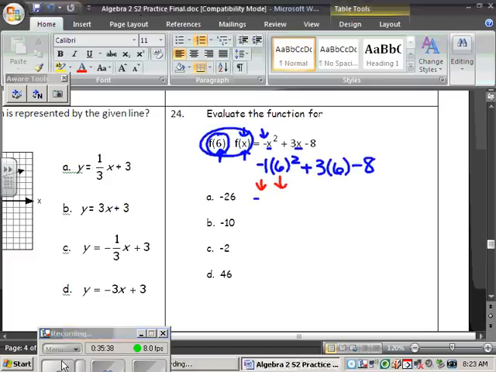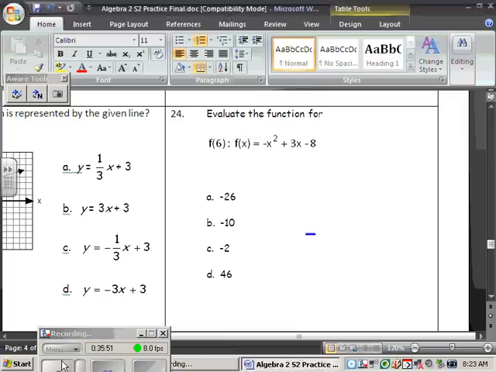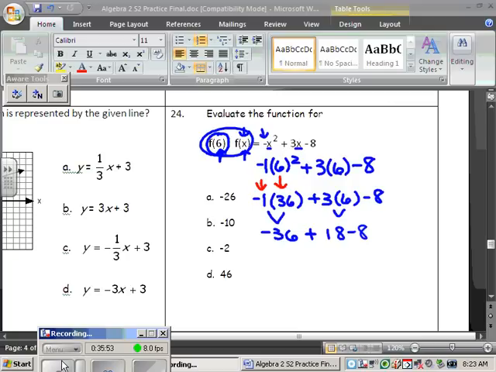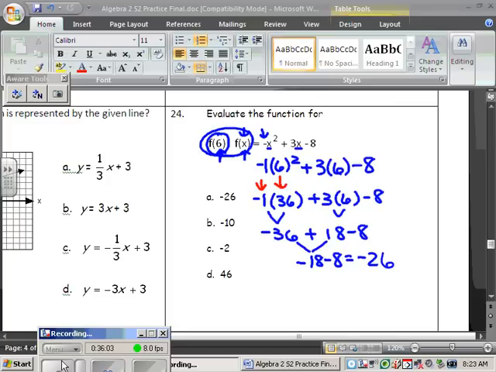So you would have -1 times 36, because 6 squared is 36. So ultimately, that's going to be a -36. Then we'll drop down the rest. 3 times 6 is 18. And now we just add all the numbers together. So -36 plus 18 is -18. Minus 8 is -26, which would be answer A.